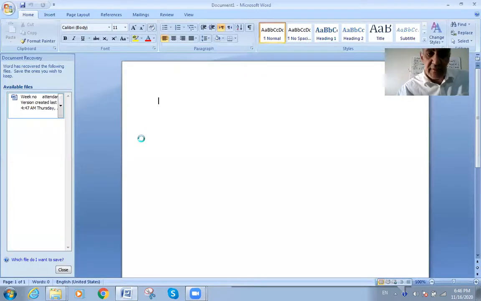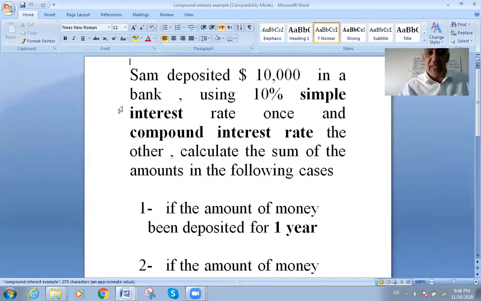Here is the example. Sam deposited $1,000 in a bank using 10% simple interest rate once and compound interest rate the other. This kind of example is two examples in each other, not one only, both of them together. Calculate the sum of the amount in the following cases.